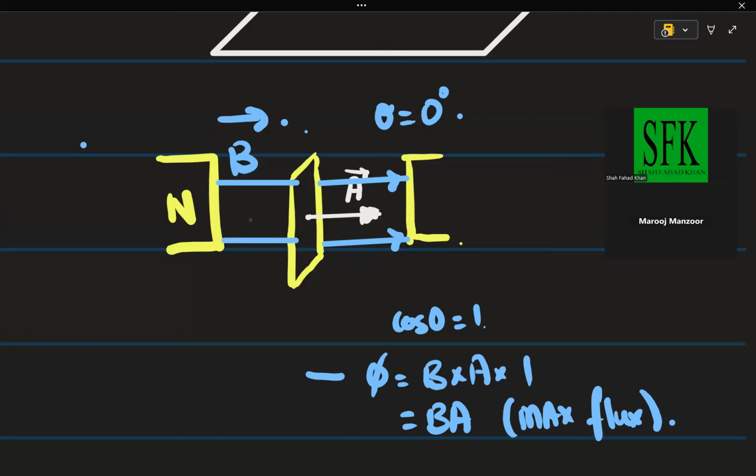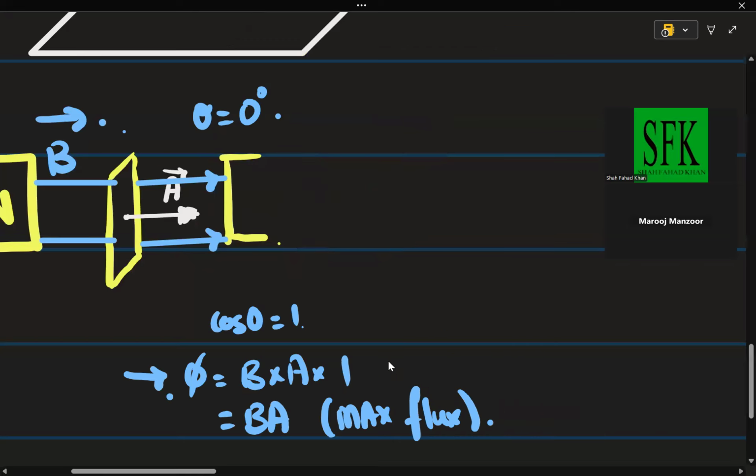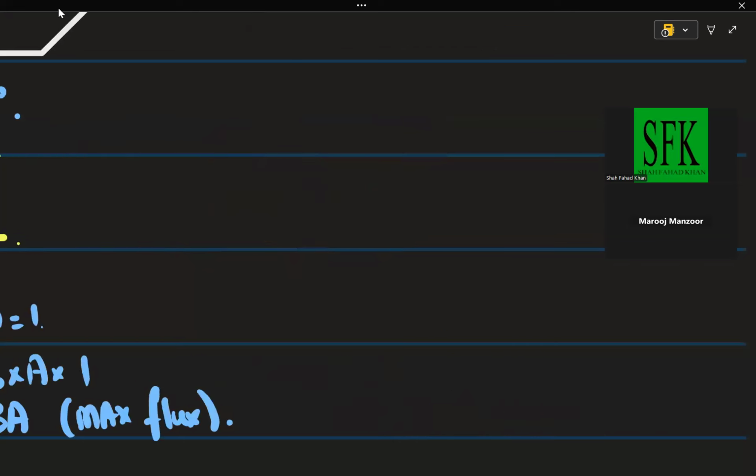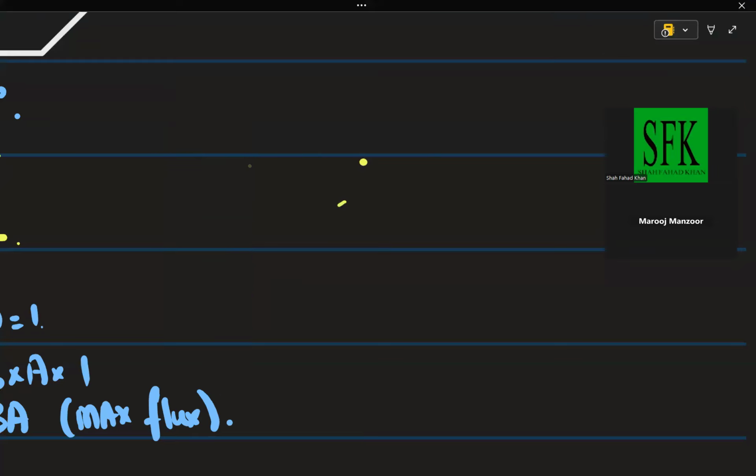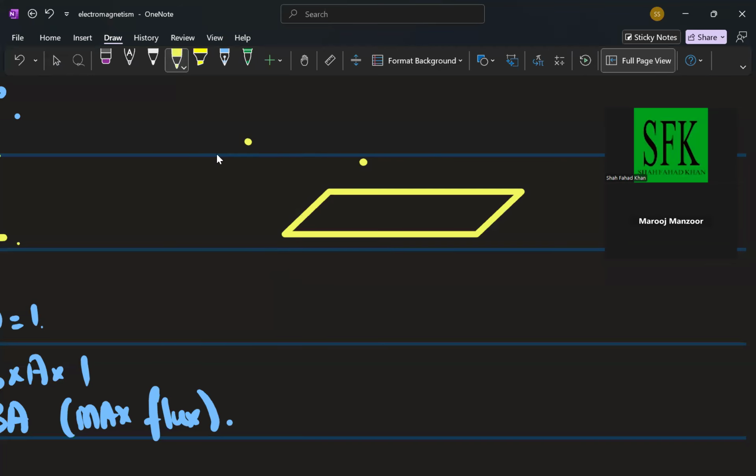And what's minimum flux? How can you get 0 flux? You get 0 flux when the area is flat. So when it's lying down like this, the vector of the area is going to be perpendicular.